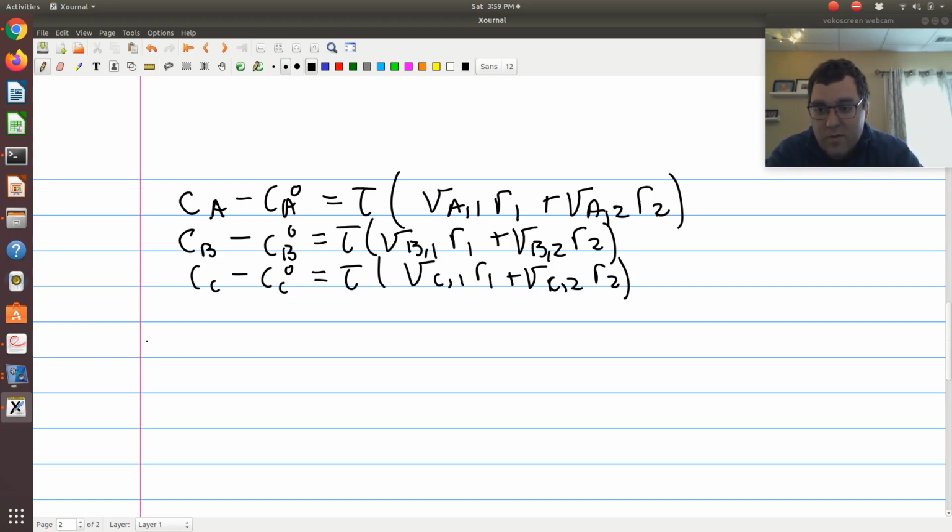Fractional conversion: if A is my main reactant, and A goes to B, and then B is my reactant in the second reaction that's being consumed.